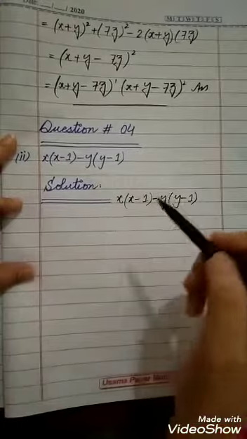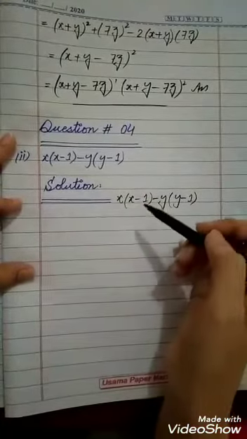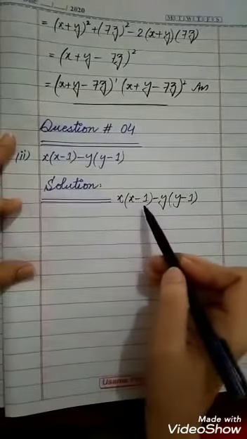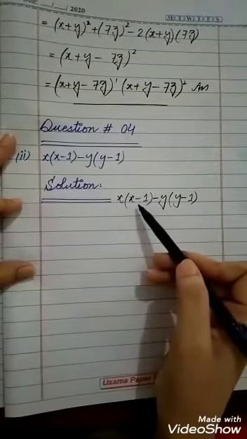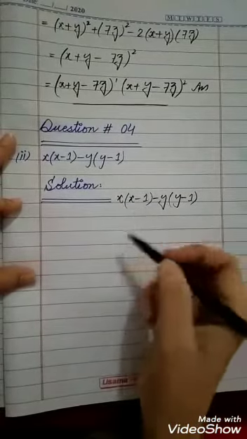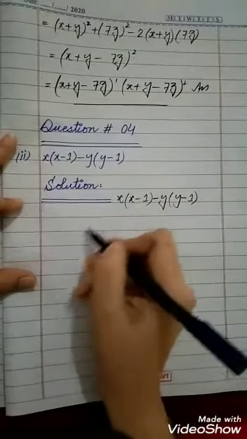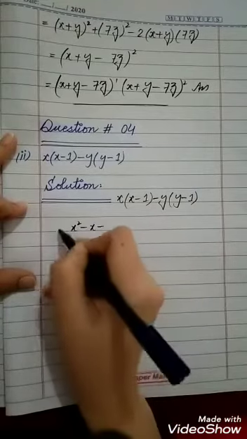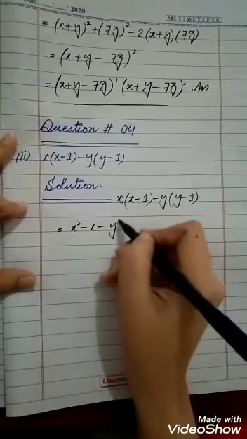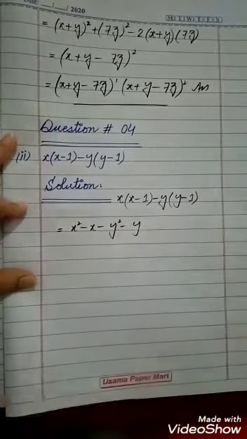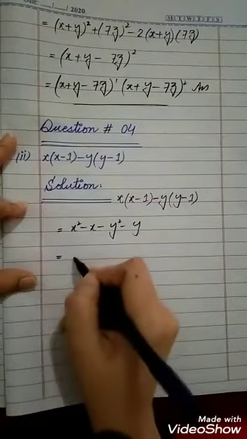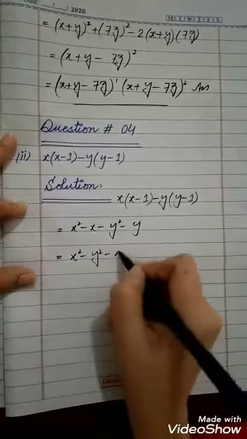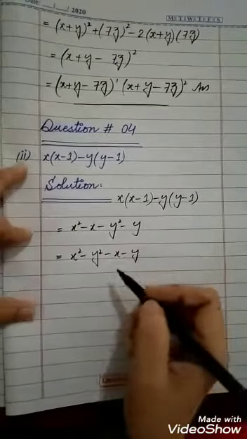Students, in this question we also have to factorize it, because this exercise is about factorization. But if you can see, there is no common factor, so we will open the bracket first: x square minus x minus y square minus y. We will arrange the terms: x square minus y square minus x minus y.